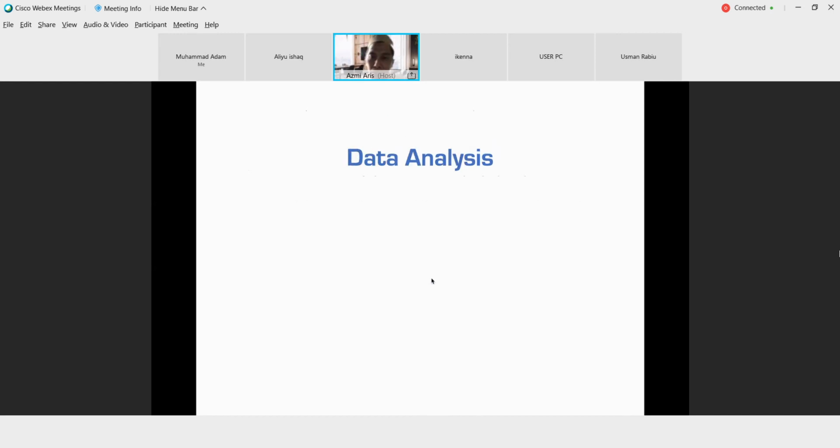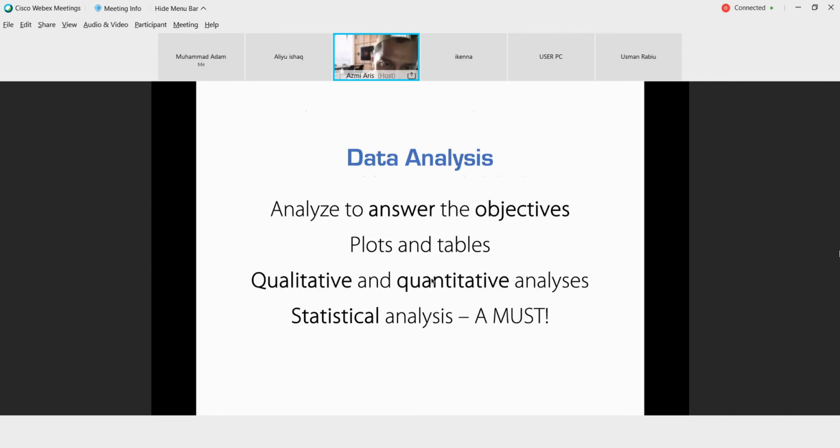Okay, that is basically how data collection is carried out. Then after you collect your data, the next step is data analysis. This will be covered by Prof. Hazilan later on, but I just want to touch on it briefly. When you collect the data, you have the objective before you collect the data.